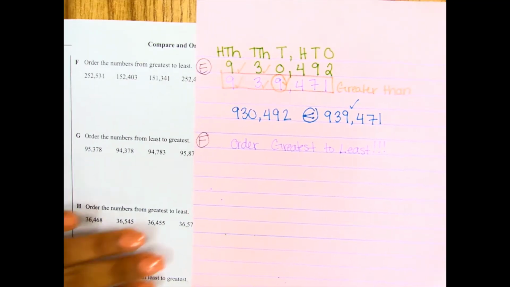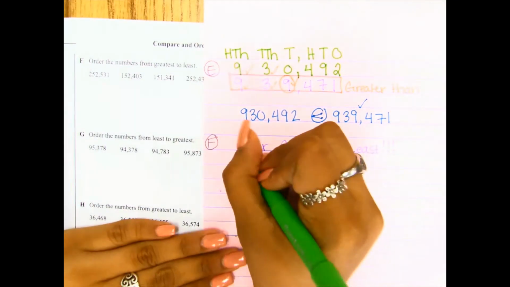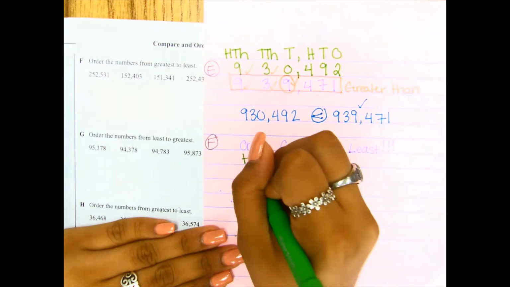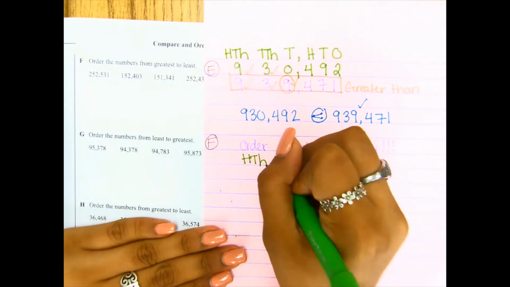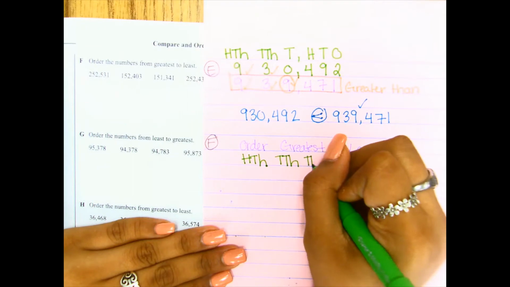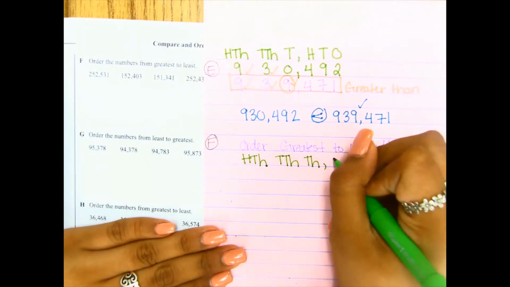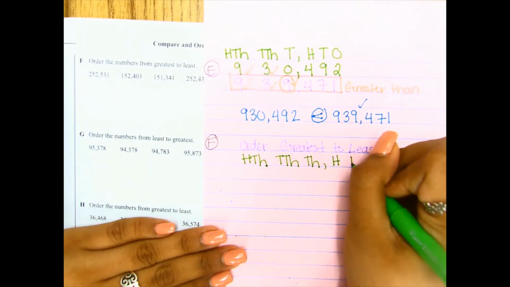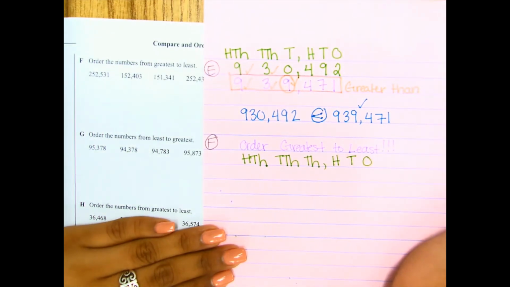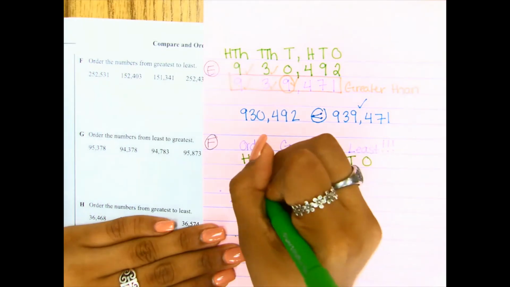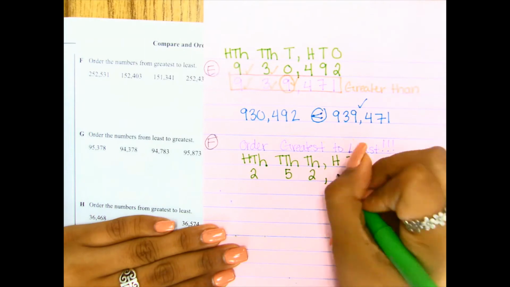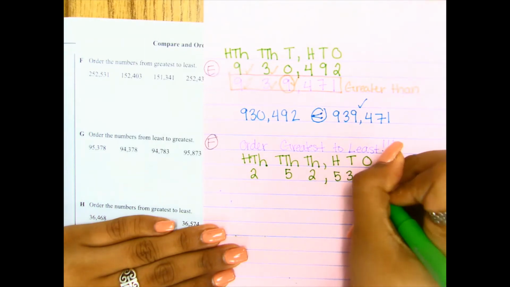I'm going to start off with the first one. Let's do my 100,000s, my 10,000s, my thousands, my hundreds, my tens, and my ones. So now let's write down our first number, and our first number is 252,531.